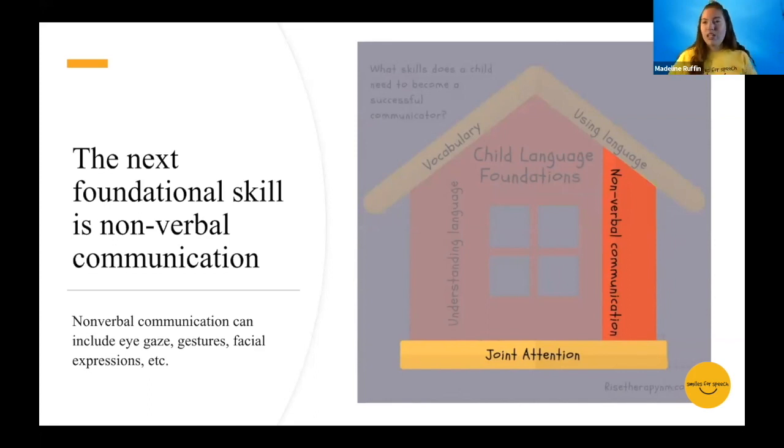I know it can be tough because when we're working with students or children, we want them to use language and we want them to use words, but sometimes we have to back it up and look at those smaller pieces, those communicative attempts that are there, but it might take us a little bit longer to find and understand.